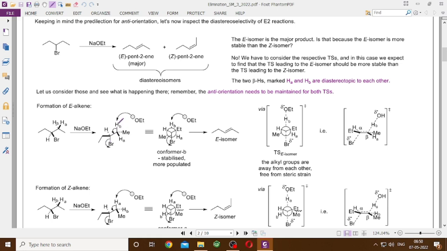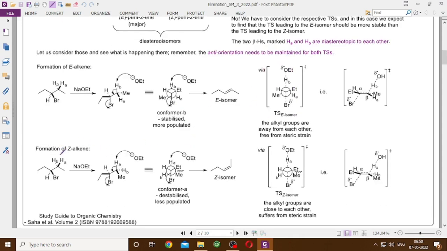So when you place HB anti with respect to the bromine, you get the E isomer, where in the transition state you have this type of arrangement. This is the TS for the E isomer. And for the formation of the Z isomer, you need to place HA anti with respect to bromine, and in that case you have this type of transition state that leads to the Z isomer.